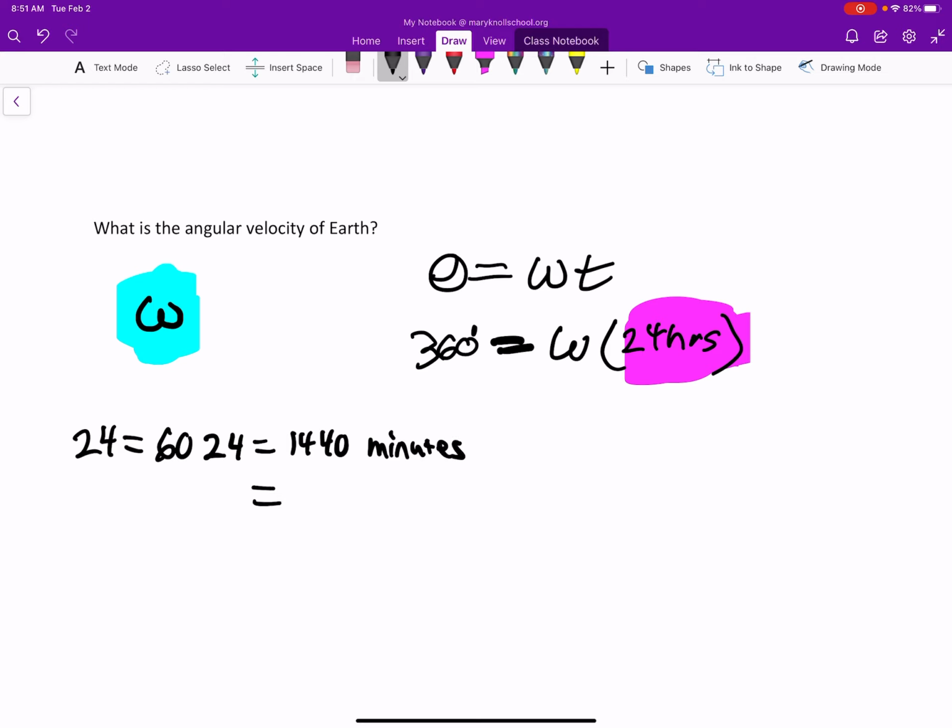But we need to know seconds, so we need to multiply by 60 again. So 1440 minutes multiplied by 60 this time to get seconds. So times 60 again, and we get 86,400.